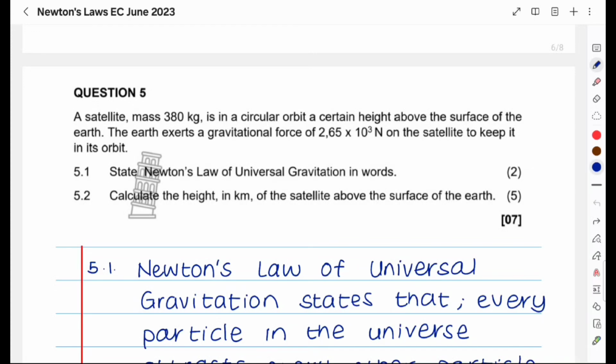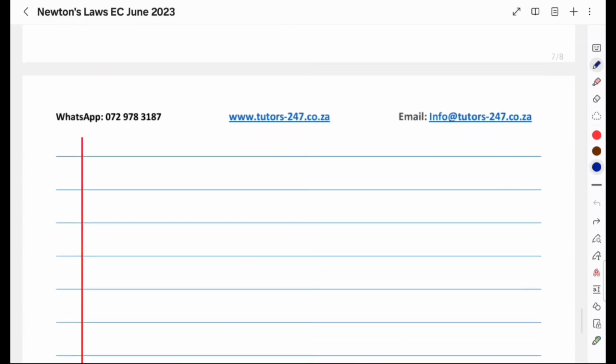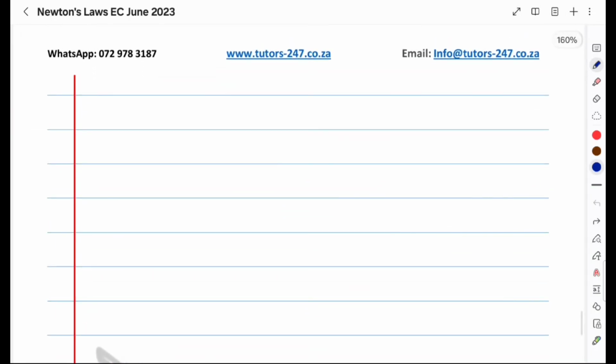Now, what is very important is to take note that they requested the height from the surface of the Earth to the satellite. Take note that your value of R is going to be from the center of the Earth to the satellite, meaning you have to subtract the radius of the Earth from your value of R if you want to get the height from the surface of the Earth to the satellite. So this is question 5.2.